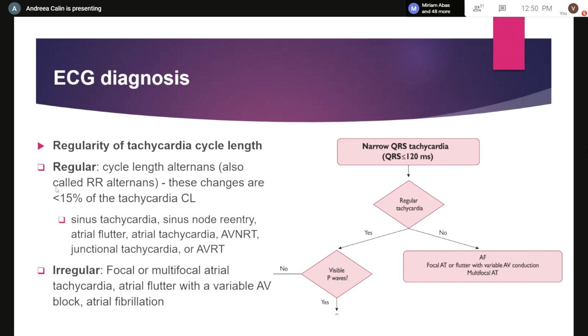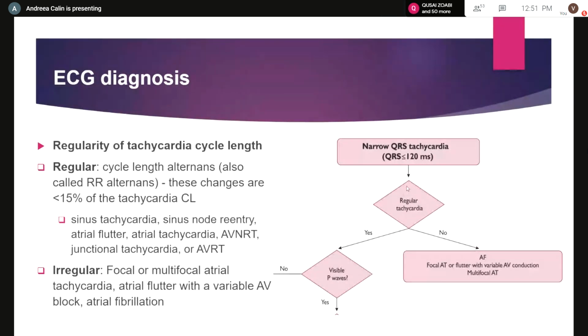In these regular tachycardias, we may think about sinus tachycardia, sinus node reentry, atrial flutter with a fixed AV block, atrial tachycardia, or atrioventricular nodal reentrant tachycardia. If the tachycardia is irregular, it may be an atrial flutter with a variable AV block, atrial fibrillation, or focal atrial tachycardia with a variable AV block.